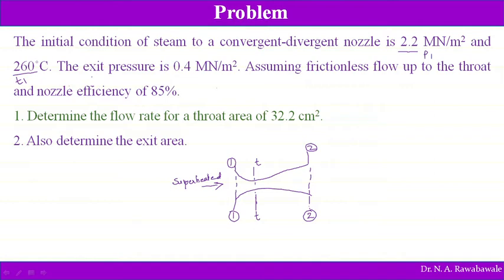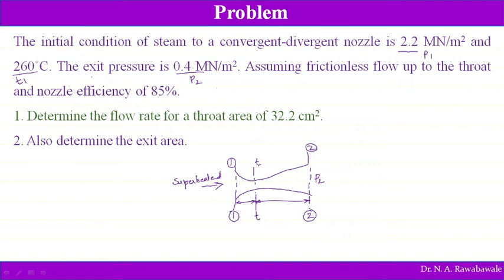When steam comes out of this nozzle, the pressure falls to 0.4 meganewton per meter square, P2, assuming frictionless flow up to the throat. From 1 to the throat there is no friction, and beyond the throat there is friction between steam and nozzle.